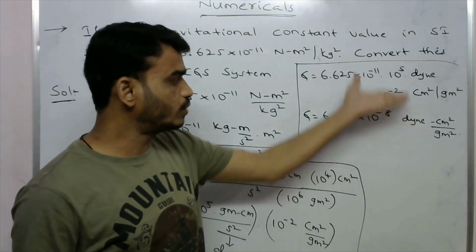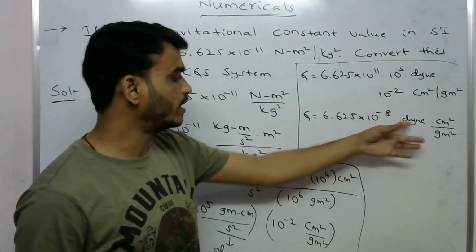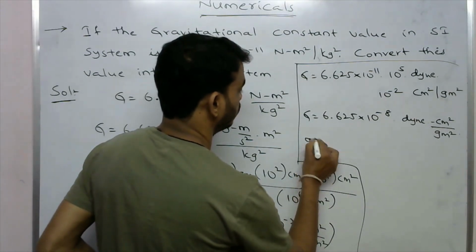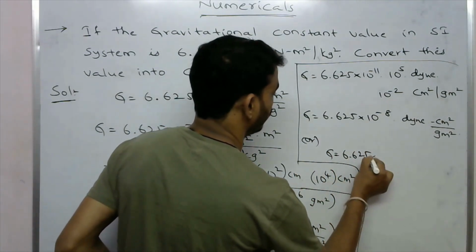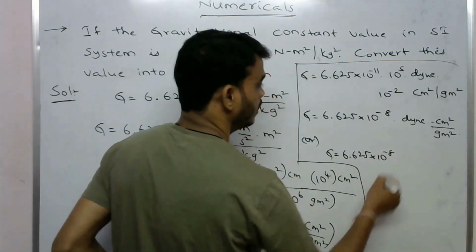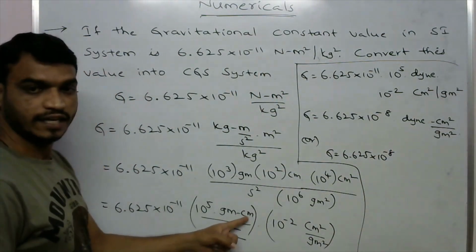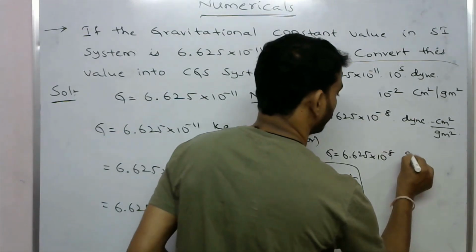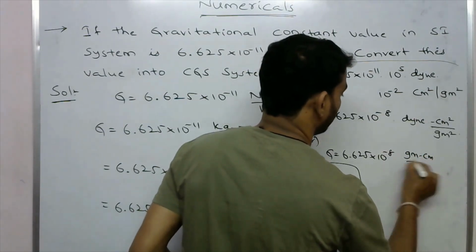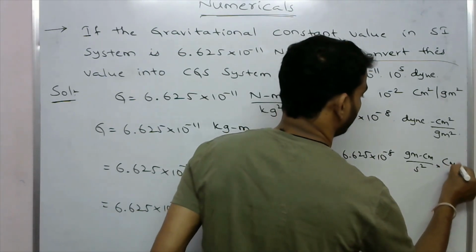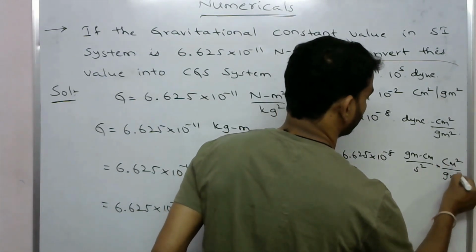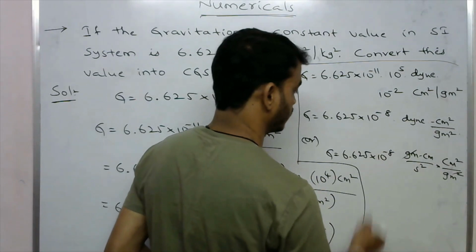And we can also write this value as G equal to 6.625 into 10 to the power of minus 8, where dyne is gram centimeter per second square, into centimeter square per gram square. So this gram will be cancelled.